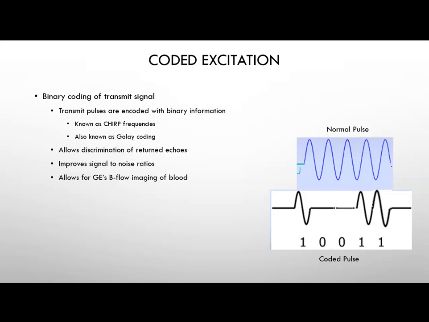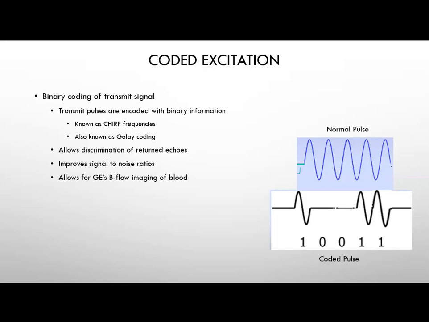Okay. So this improves our signal to noise ratios and allows for something called B-flow imaging on the GE systems. And so I'll show you what that is in the lab. Let's try to do that, I'll try to do that this week if I can remember it.